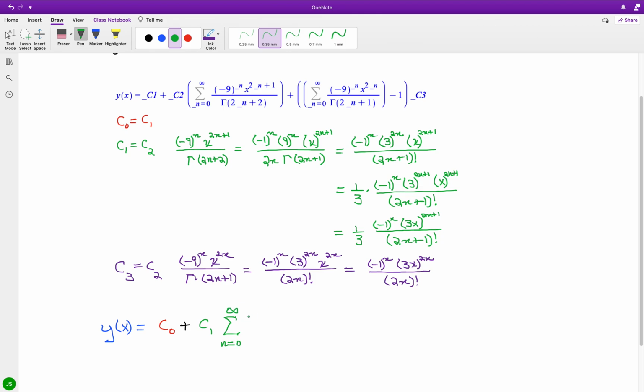In fact, you have 1/3, and so I can move the 1/3 in front of the C1. And here we have -1 to the n times 3x raised to the 2n plus 1 all over 2n plus 1 factorial.